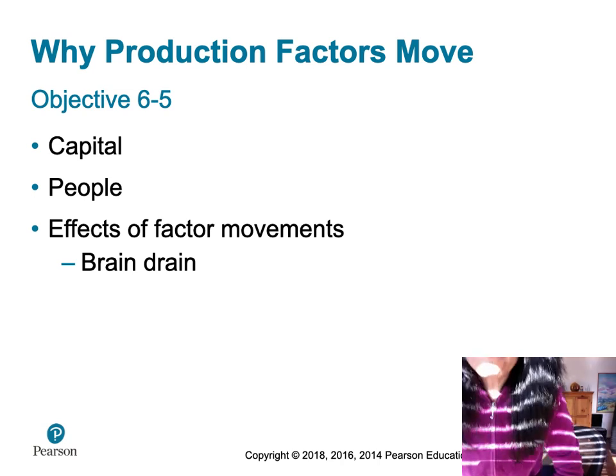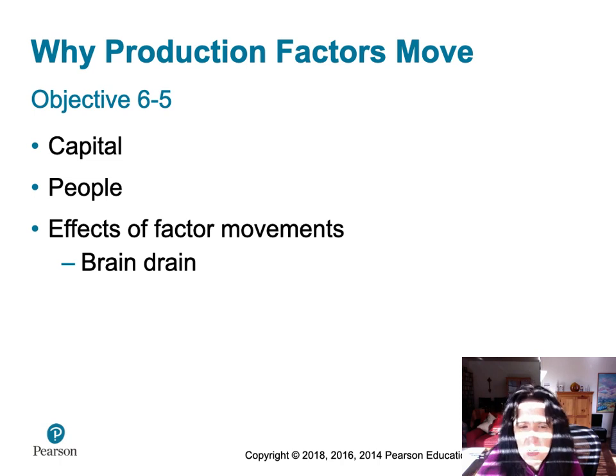So basically here, we're talking about the effect of outward migration on the countries. On the one hand, countries lose potentially productive resources when their educated people leave, right? And when the educated people migrate to other countries, this is called a brain drain.